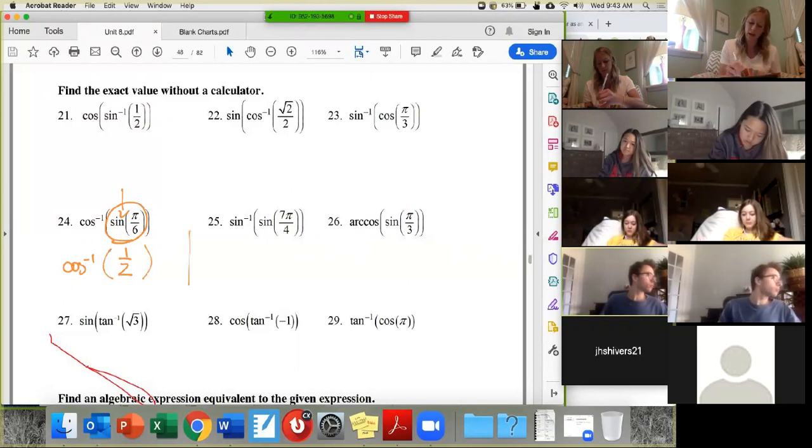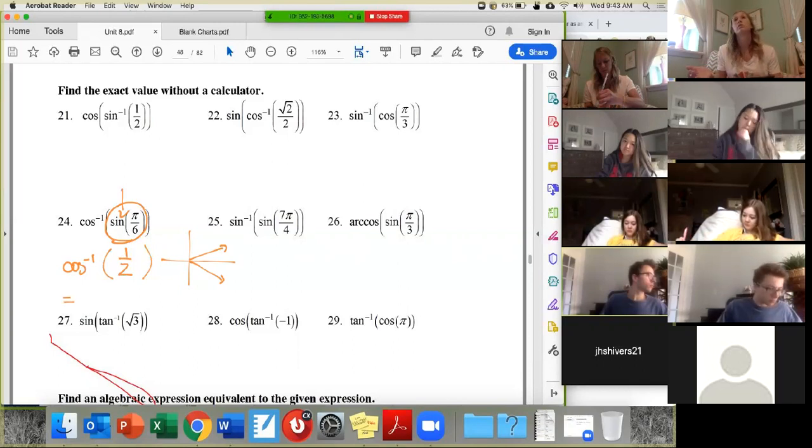Cosine is positive in the first and fourth quadrants. To find where cosine is equal to 1/2, I would look at my chart. Cosine's equal to 1/2 at pi over 3 in the first quadrant. So that is this one right here, the pi over 3.